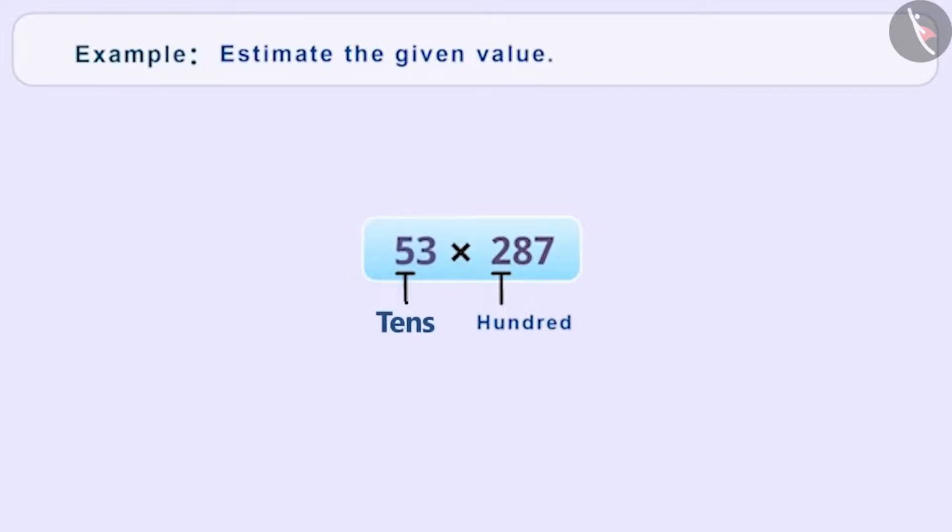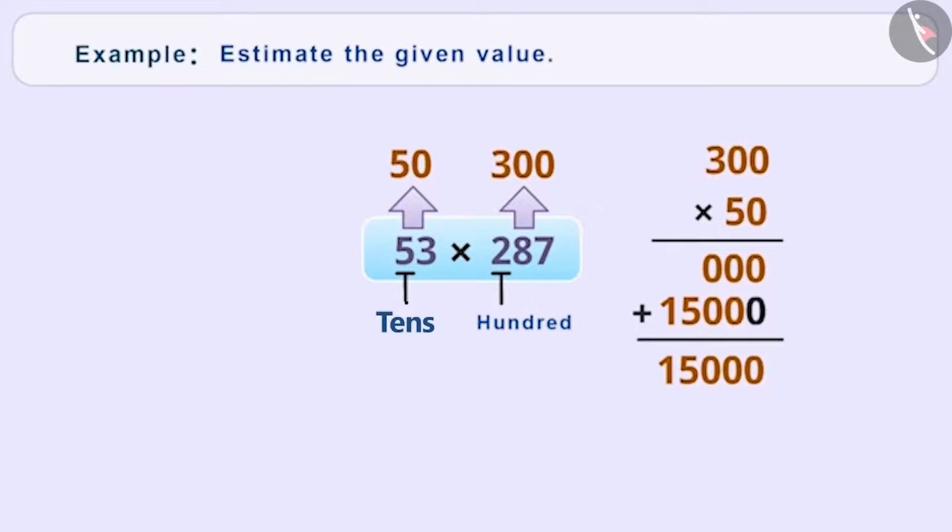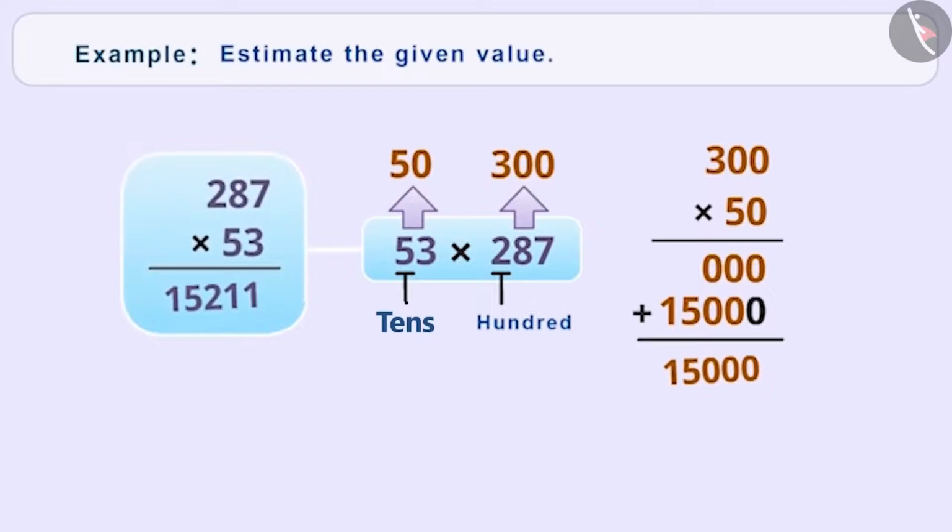On approximating 53 to tens, we get 50. And on approximating 287 to hundreds, we get 300. Then multiply the approximated numbers, we get 15,000, which is both meaningful and accurate.